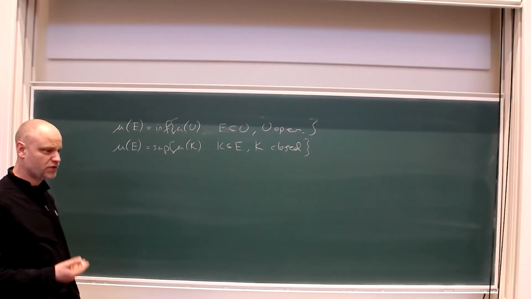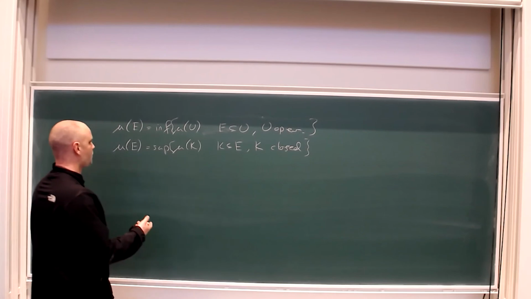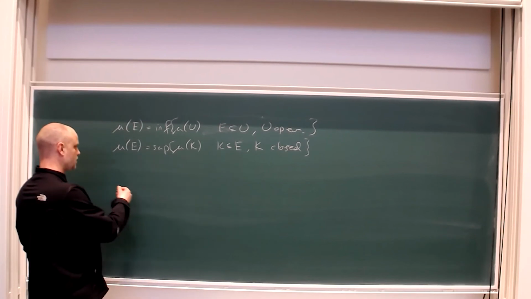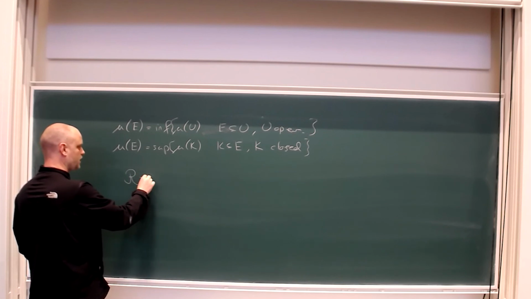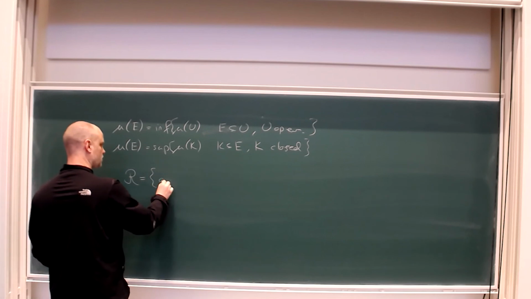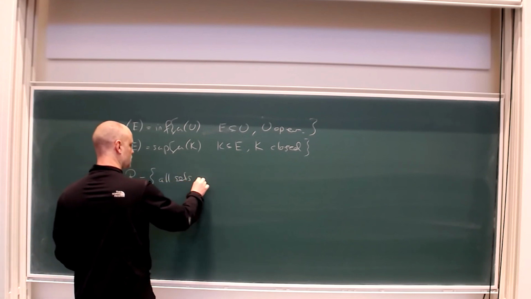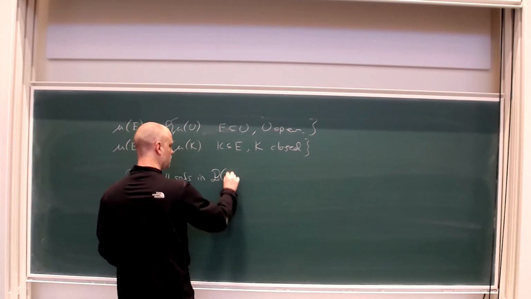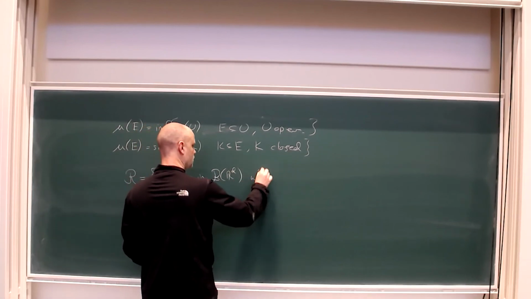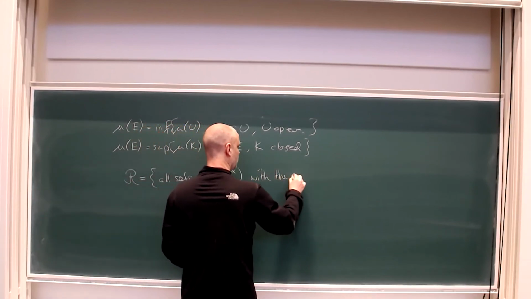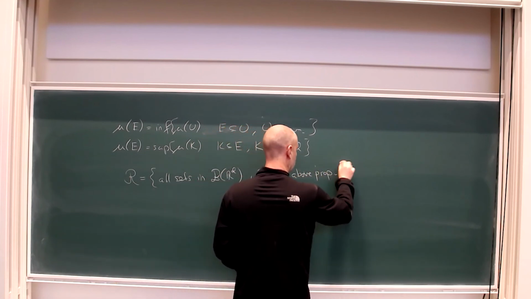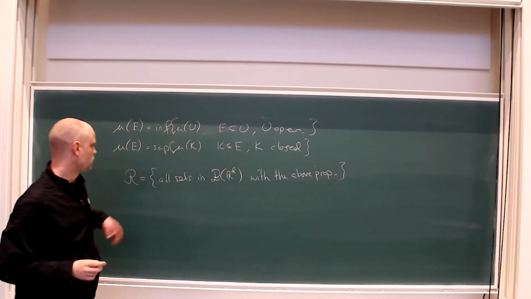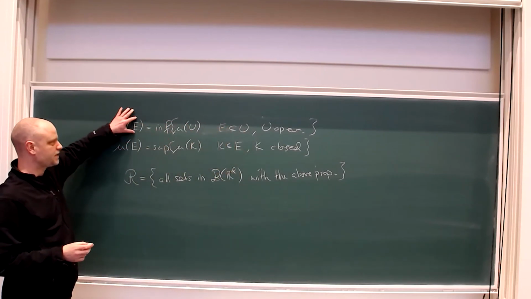And how would we prove that? Well, this is one of these typical proofs. Let R be equal to all sets in the Borel sigma algebra with the above property. Do open sets have this property?